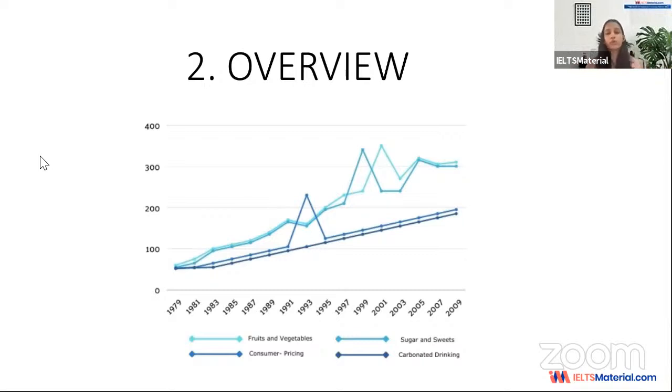This way, you can write the overview. Keep writing and I'll get back to you if you have written it correctly or not. Make sure that you do not include any data which are included here on the x-axis and the y-axis.